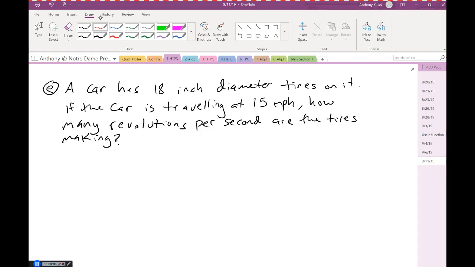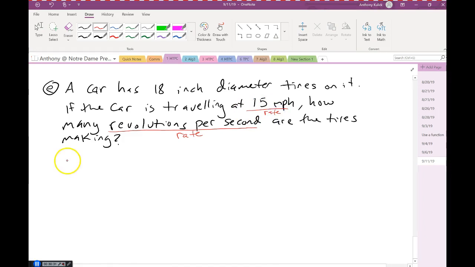Notice that the unit we're asked for is revolutions per second. What kind of number is revolutions per second? It's a rate. Are we given another rate in this problem? 15 miles per hour.